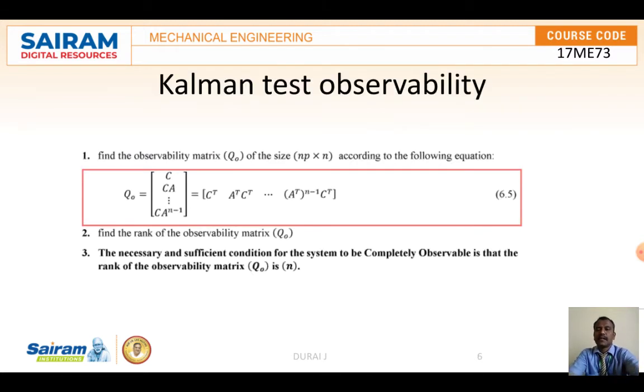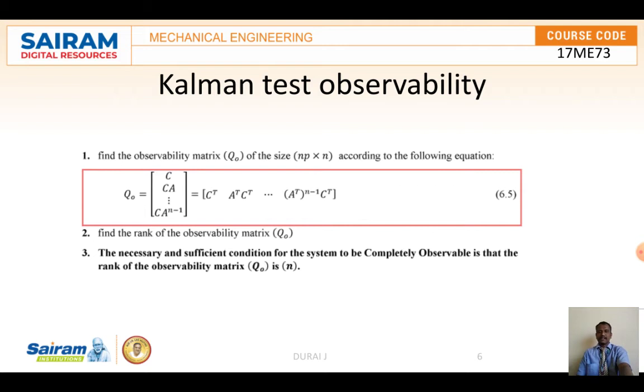Then comes Kalman's test of observability. In Kalman's test, find the observability matrix Q0 of size np by n according to the following equation: Q0 is equal to the stacked matrix of C, CA, up to CA power n minus 1, that is, the transpose form: C transpose, A transpose C transpose, dot dot dot, A transpose power n minus 1 C transpose. Then find the rank of the observability matrix Q0.